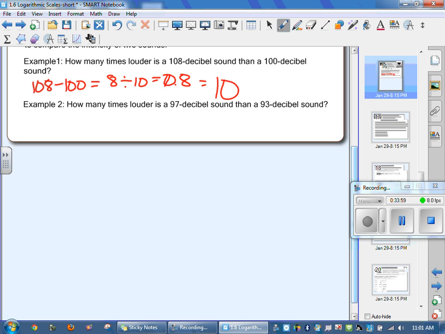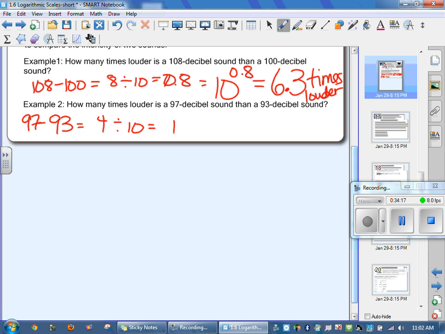And on the bottom one, 97 subtract 93 is going to give us 4. Divided by 10 gives us 10 to the 0.4, which is 2.5 times louder. Okay, check your work.